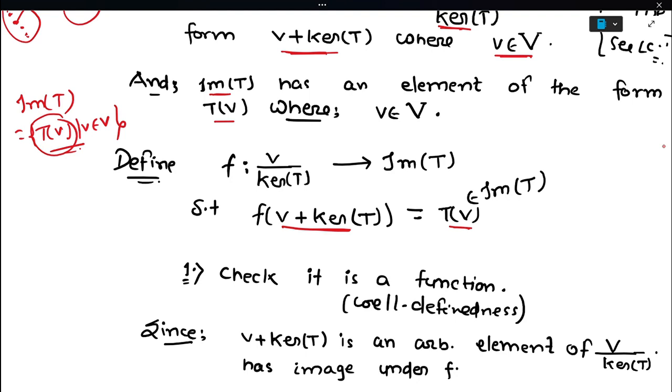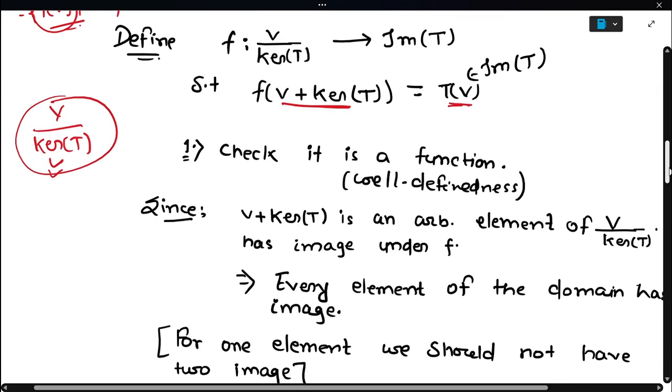So how do we check this is a function? Firstly, we have to check that for every element of V by kernel of T we have an image. As we have taken an arbitrary element v plus kernel of T in this set, and that element has an image, every element of V by kernel of T has an image.